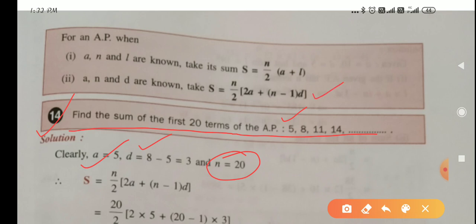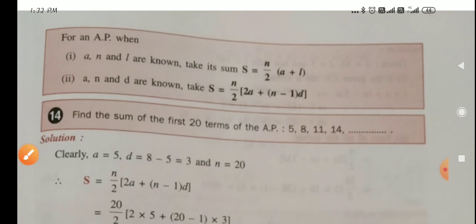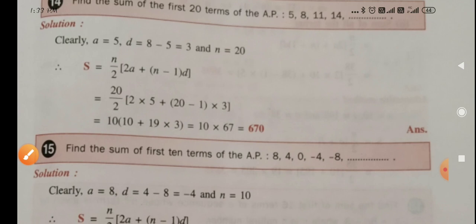If you have A, D and N, then you can apply the formula S equals N by 2 into 2A plus N minus 1 into D. They are applying it in the example, you can see. Now N is 20 because you have to find the sum of the first 20 terms. A is 5, it is given in the AP, and D you have found is 3.